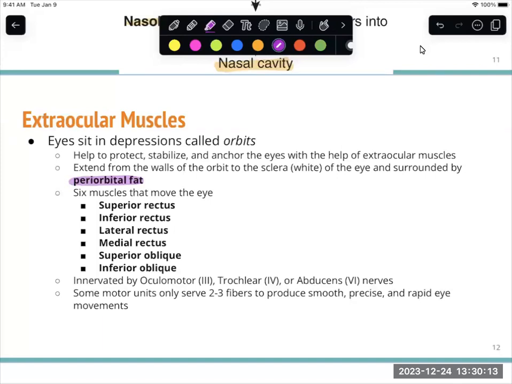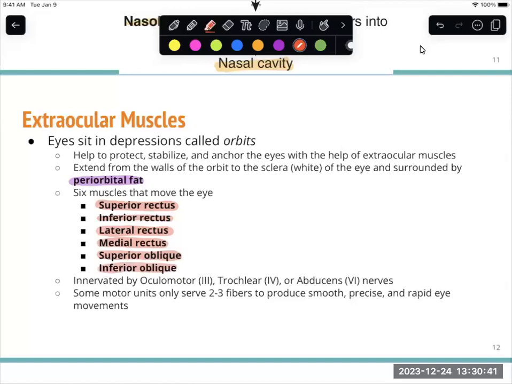And then coming through that fat adipose tissue, we have 6 muscles. Superior rectus, rectus means straight, so it's coming straight out on the top. We have inferior rectus, lateral rectus, medial rectus, we have superior oblique, and inferior oblique.